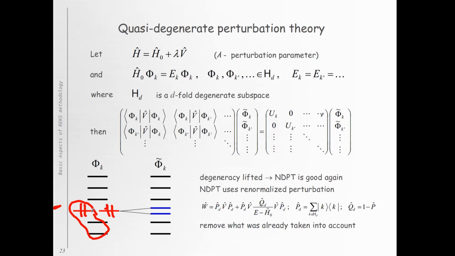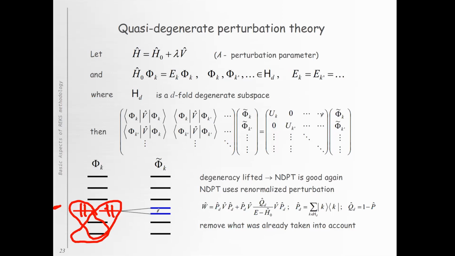When we diagonalize this matrix, we make one of the electronic configurations, in this case a mixture of the two Slater determinants, lower in energy, and the other will go higher in energy.